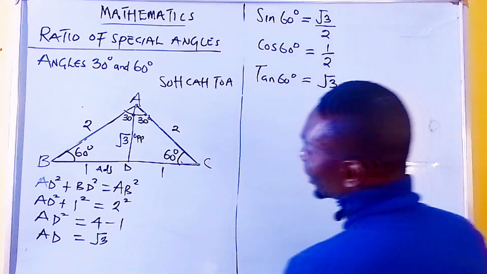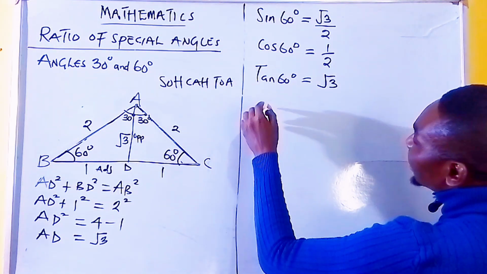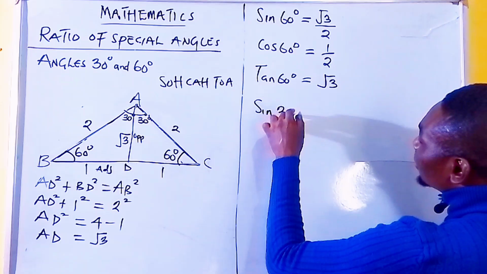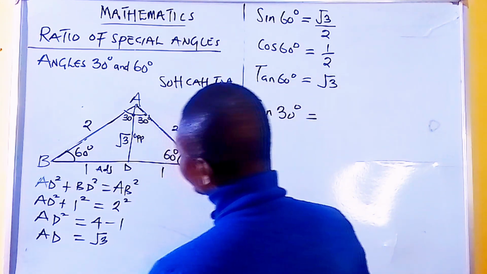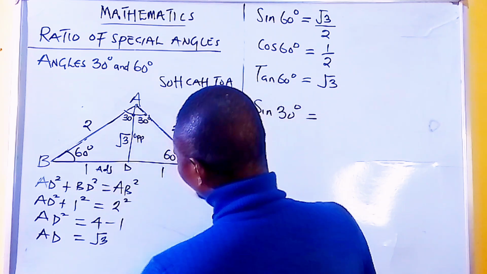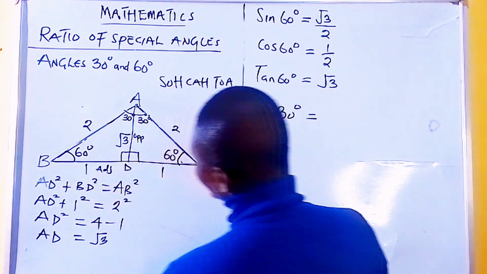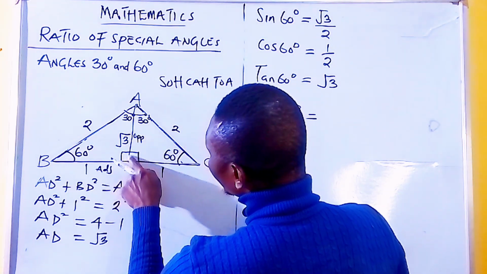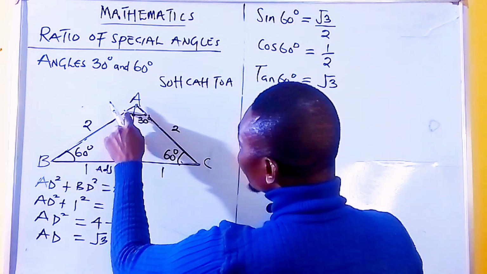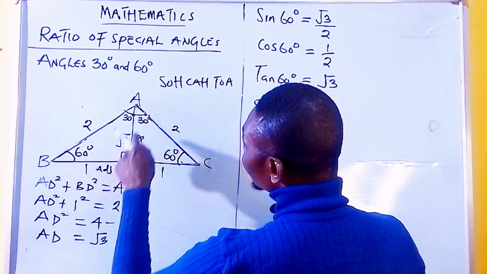Likewise, let's find sine 30 degrees. Now we know this is 90 degrees. This time around we are considering 30 degrees, not 60 degrees.